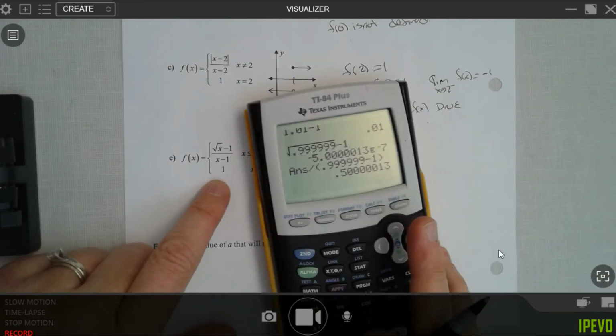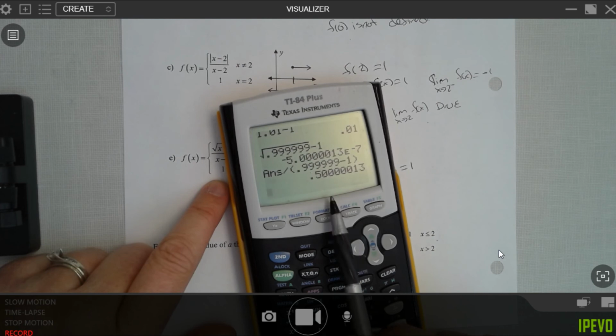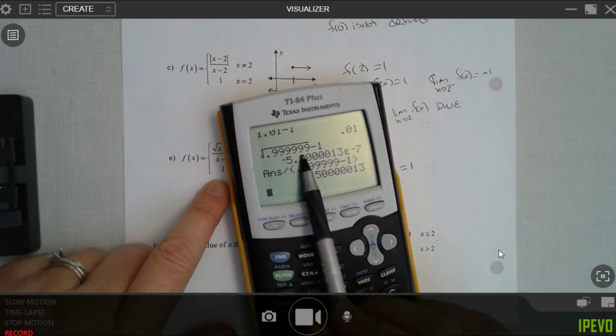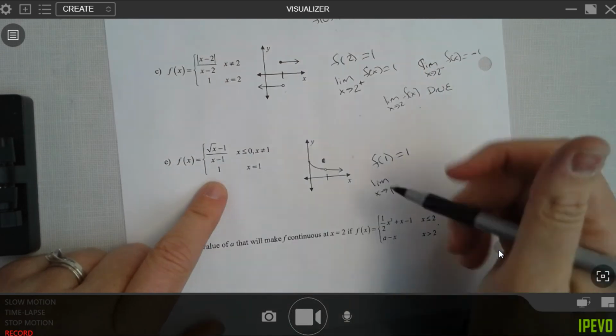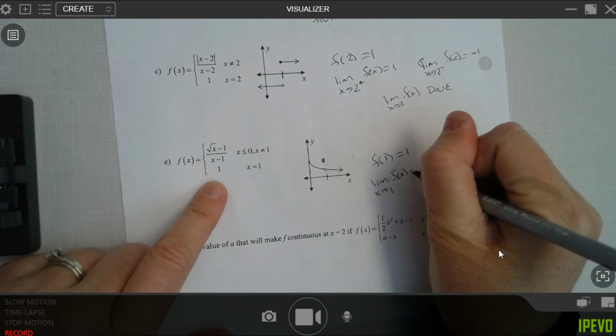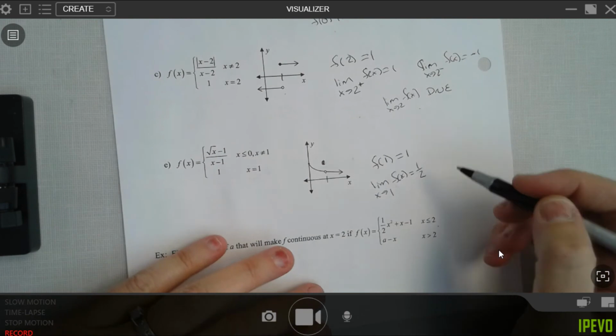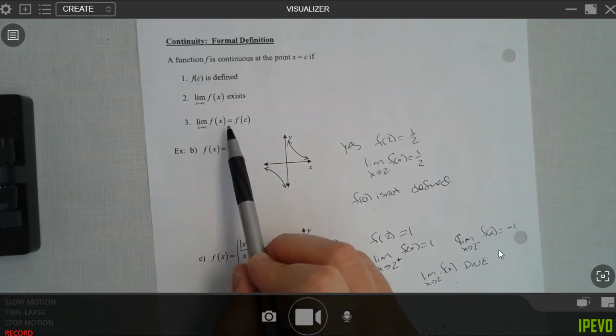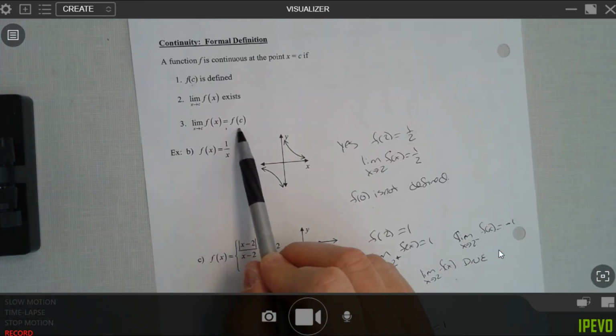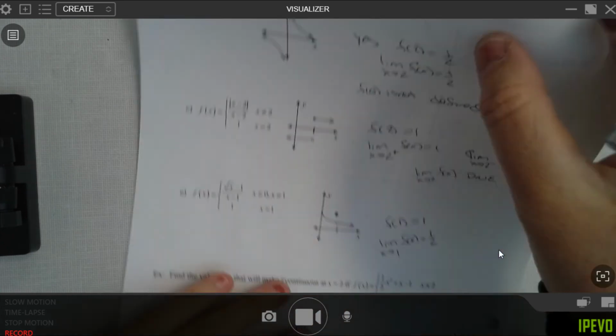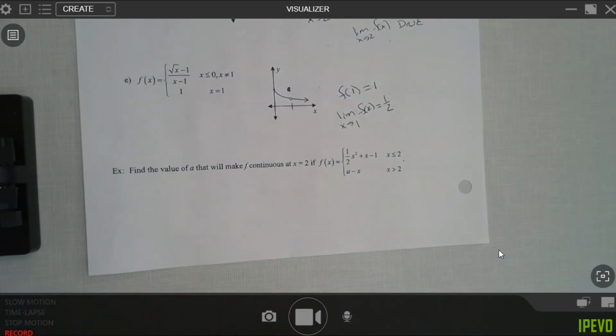And all I was doing was trying numbers in my calculator to make sure it was a half. So I plugged in like 0.99 on top and bottom, and it's definitely getting close to a half. So I'm pretty sure I thought I could prove it mathematically too, but that's a little advanced right now for you guys. So because these two aren't equal, 3 is not right. So 3 fails because the limit does not equal the y value. So that's why this one is not continuous.